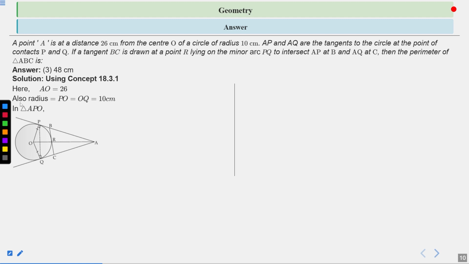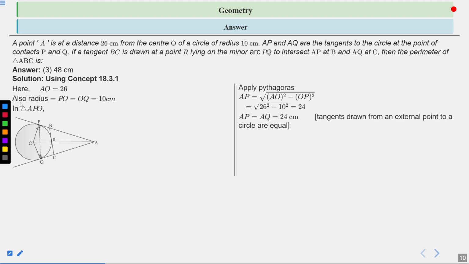We can see the triangle APO. Applying the Pythagoras theorem, because this is a right angle triangle, AP becomes the square root of AO squared minus OP squared. Now we put in the values, so the length of AP becomes the square root of 26 squared minus 10 squared. So it will become 24.